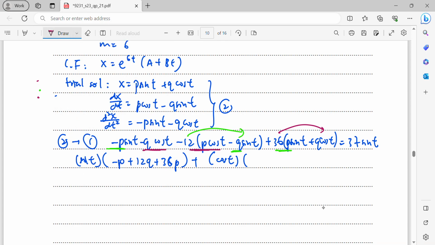Then you will get minus q, then after that minus 12p, then plus 36q equals to 37 sine t. So by comparing sine t.